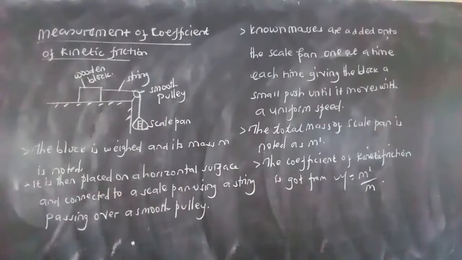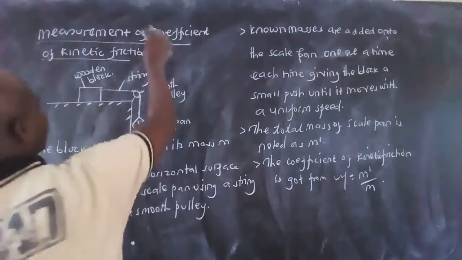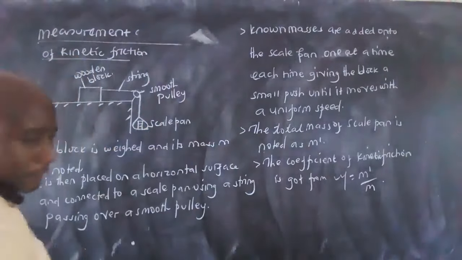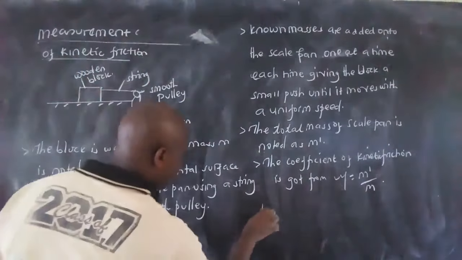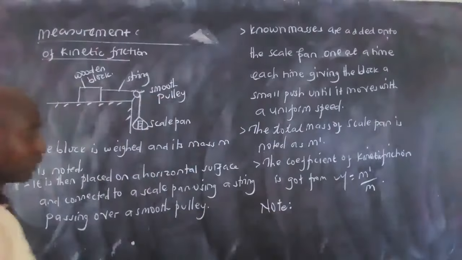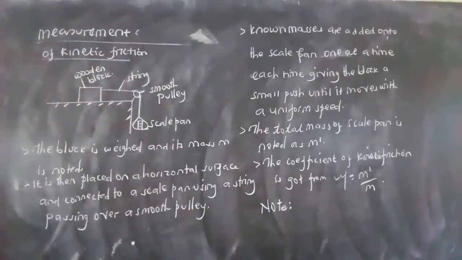For many blocks, for more than one block, the experiment is repeated using different wooden blocks of known masses, and the corresponding mass of the scale pan M prime is noted.